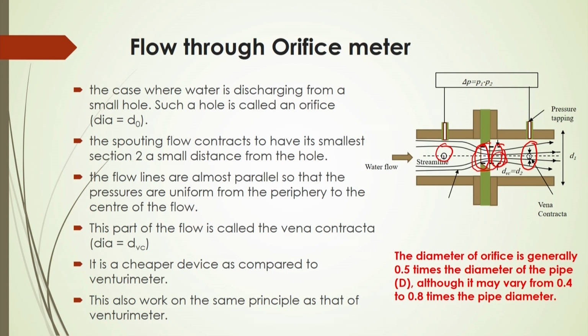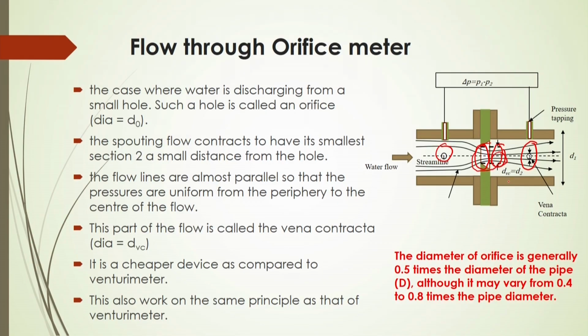So, very interesting that here also you have to allow the fluid through a hole whenever it comes through a pipe. You make a flow in such a way that there is a spouting flow because of the small hole through which the fluid passes, and it contracts to its smallest section a small distance from the hole, which is considered the vena contracta.